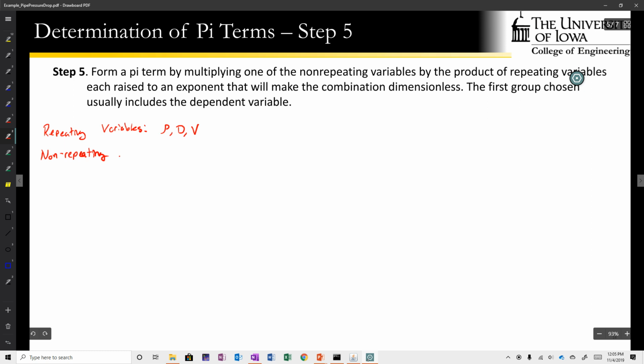Non-repeating, we've got delta P sub L, and we've got viscosity. I'm going to quit writing in red because that's obnoxious.